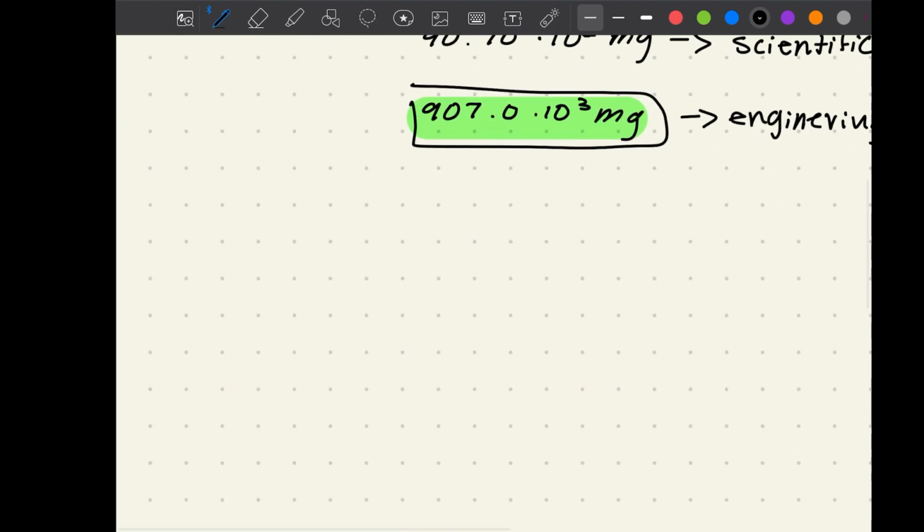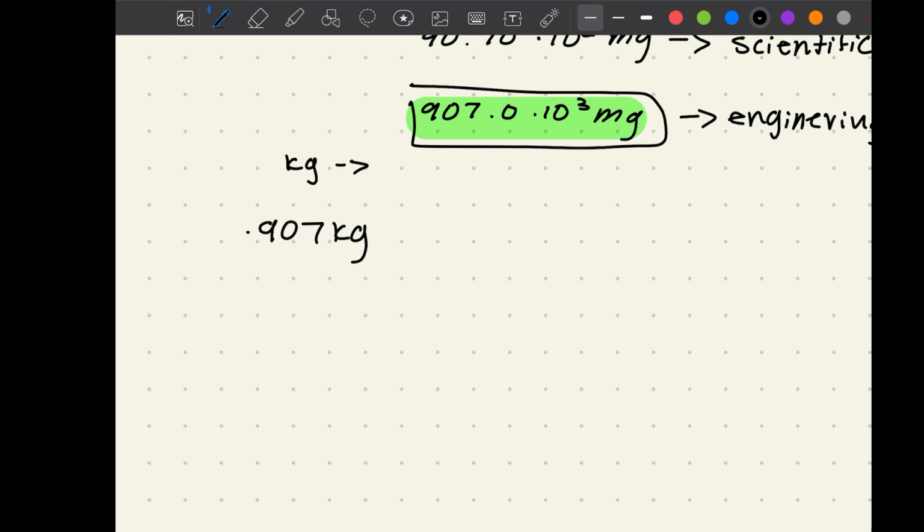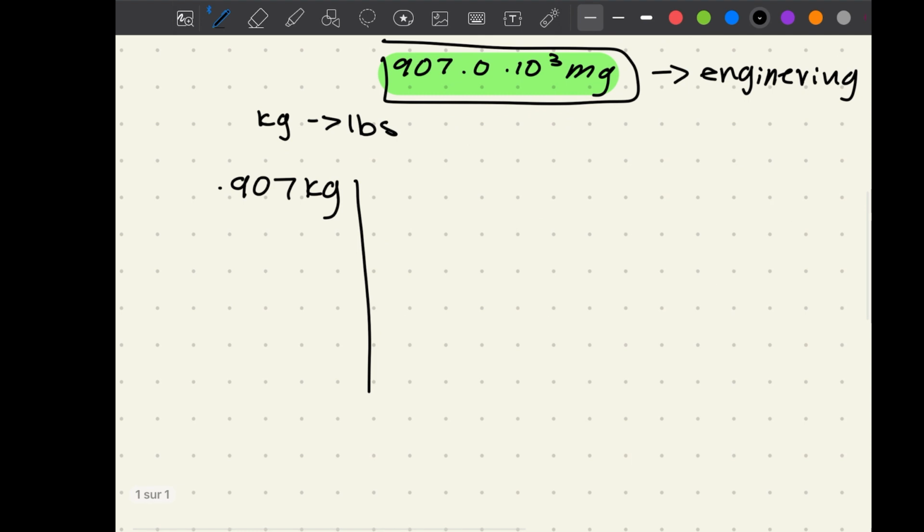How do we do that? You see how we just converted into milligrams, and then grams, and we wrote a chart. Here, we can just do a simple one-step problem, so we go from kilograms to pounds. We know that 1 kilogram is about 2.205 pounds.